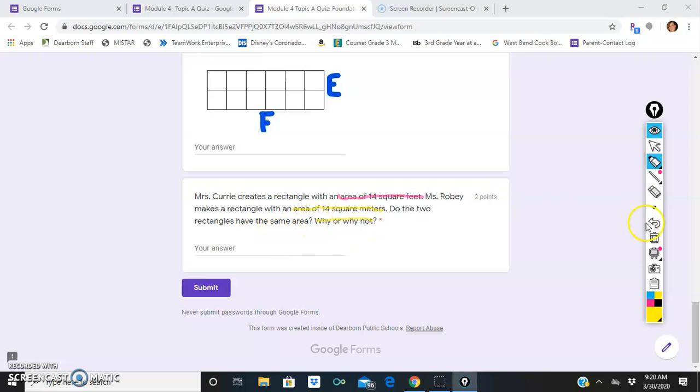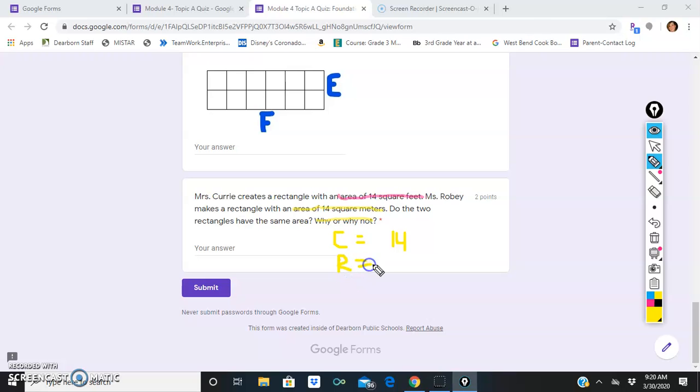Okay, so this one is a pretty tricky one. So what do I know? I know that Miss Curry has 14 square feet and Miss Roby has 14 square meters. So right away, we're seeing 14 twice, right? So I'm going to put C for Miss Curry and an R for Miss Roby.